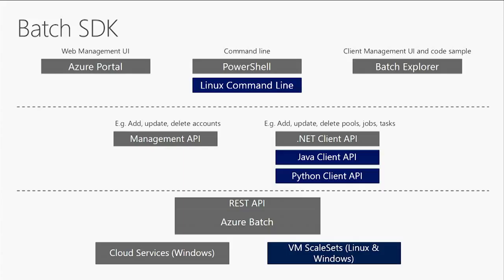And so actually, as well as Linux, it really allows you, when you create your pool, you can select your number of VMs and so on, and you can select then images from the Azure Marketplace, the sort of gallery images. And they can be Linux, and we certainly want to allow Linux applications to use Azure Batch and to be run on Batch and at scale in Azure, but also Windows images as well from that Marketplace.